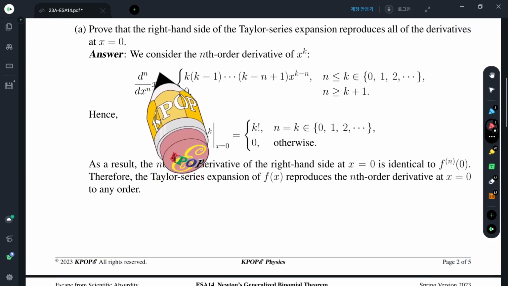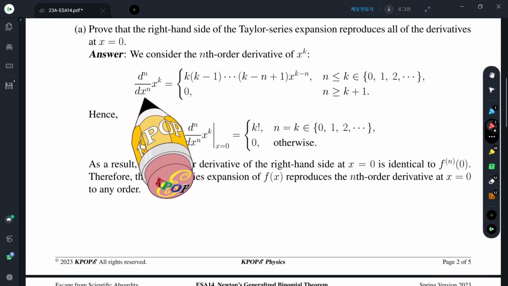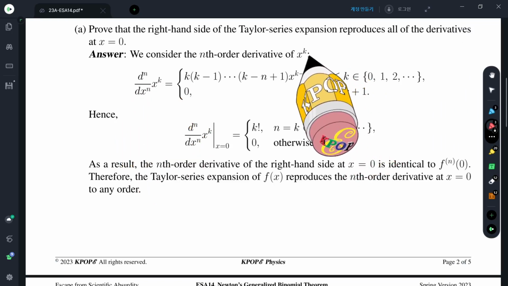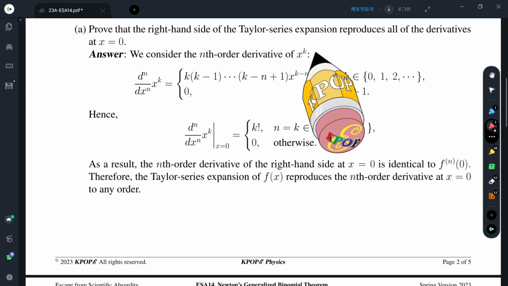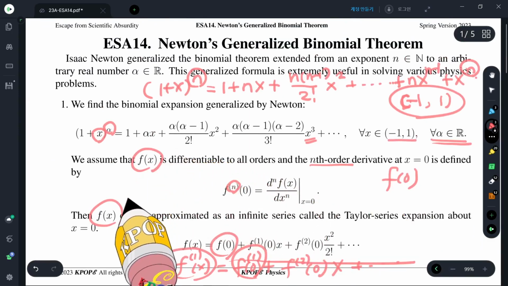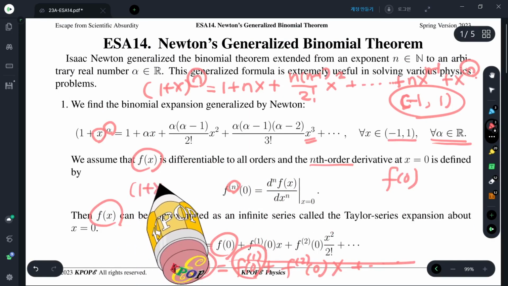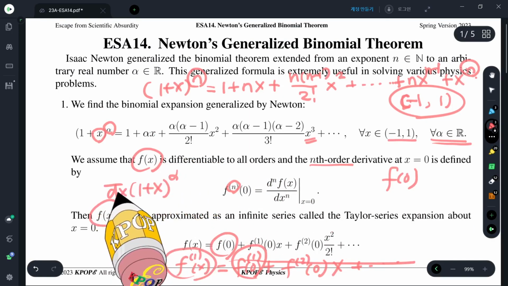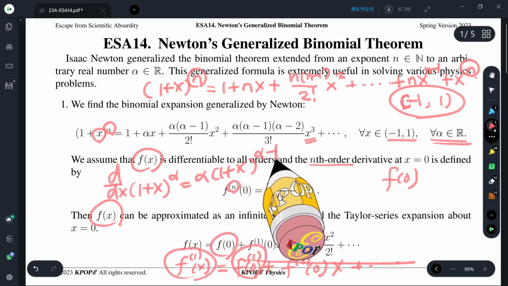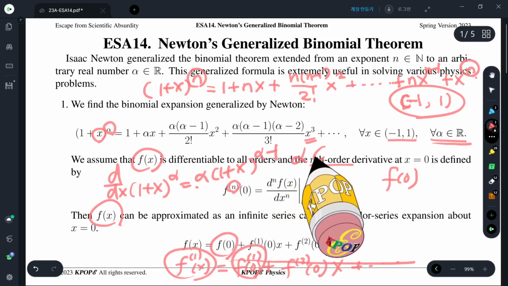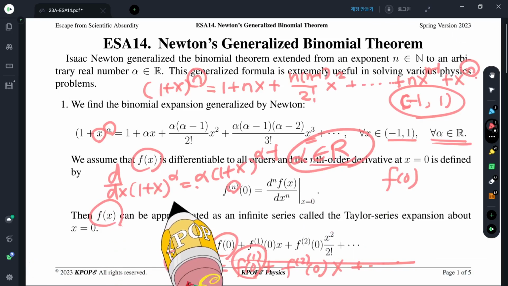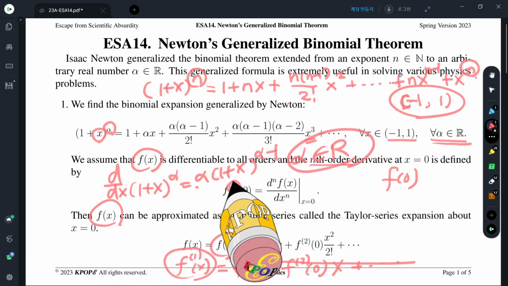Why don't we take the nth order derivative, whether it is an integer or not? Because what we have done is the derivative of 1 plus x to the alpha equals alpha times 1 plus x to the alpha minus 1 for all real numbers. Okay? This is what we have proved in the previous class.